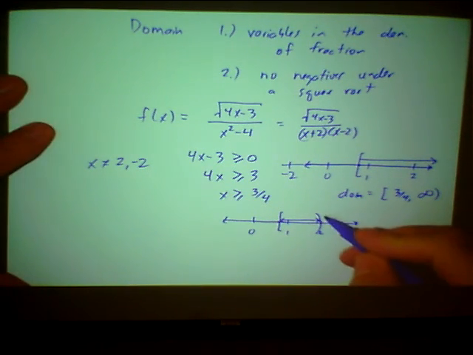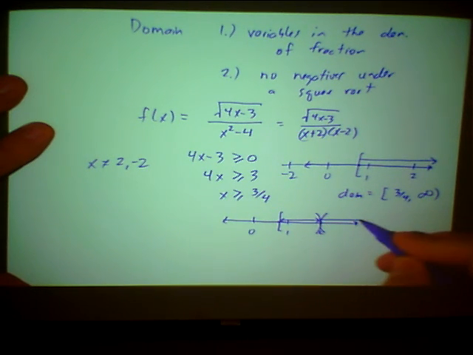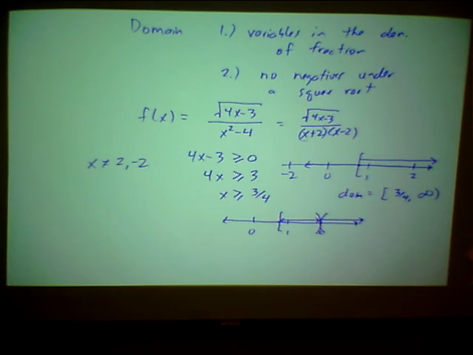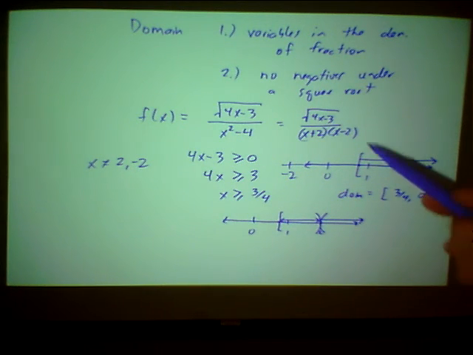So I skip 2, so I put sort of back-to-back parentheses and then continue the interval. So it's almost like the domain is going to be my original domain from the square root, except for the value of 2. And that happens because a 2 would cause my denominator to be 0.